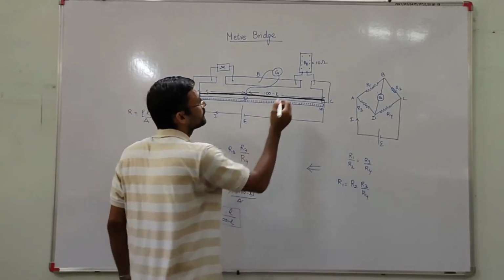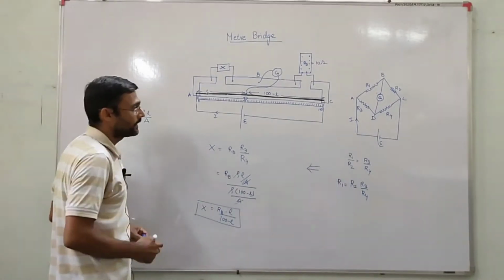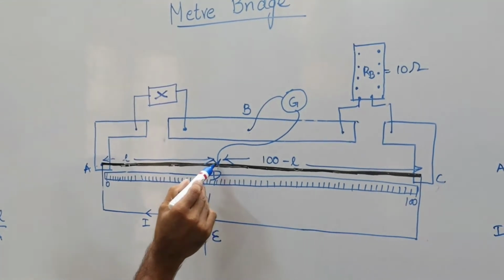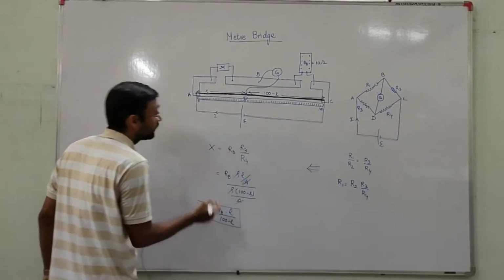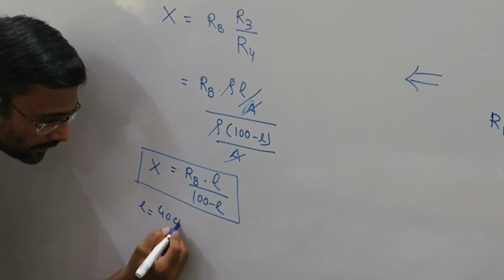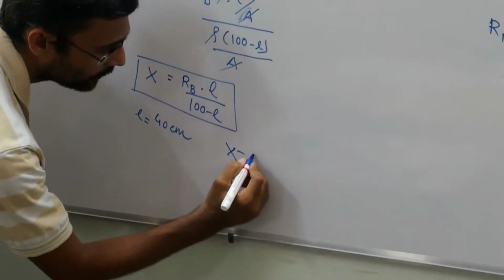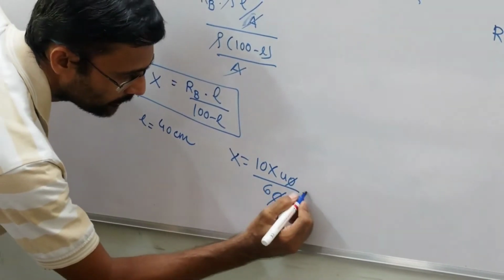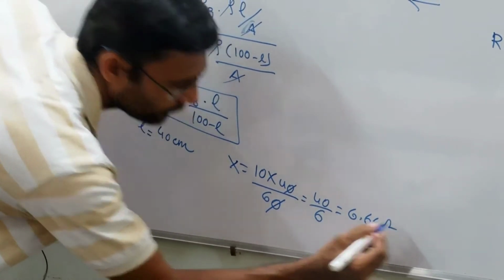Let me give one example of it. Let us say we have adjusted the value of RB as 10 ohms. So the value of RB is fixed, that is 10 ohms. Now when I slide this jockey on the wire, if the galvanometer shows null deflection at length L equal to 40 centimeters, then the value of X becomes 10 into 40 divided by 60, that is 40 divided by 6, around 6.66 ohms.